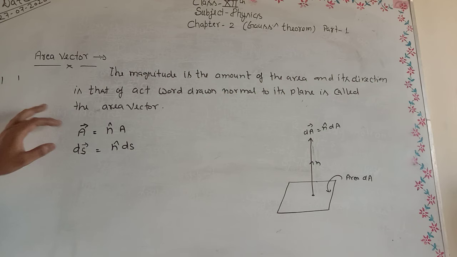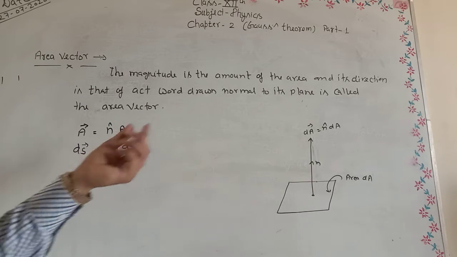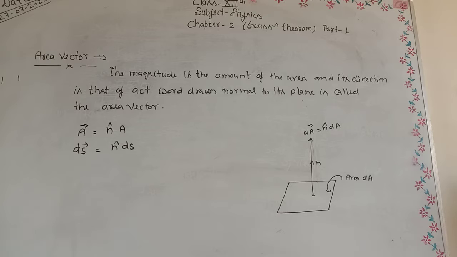We can write it this way, where n is a unit vector along the outward drawn normal. N cap is a unit vector drawn along the outward normal.